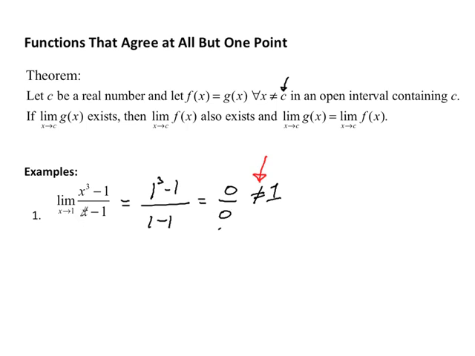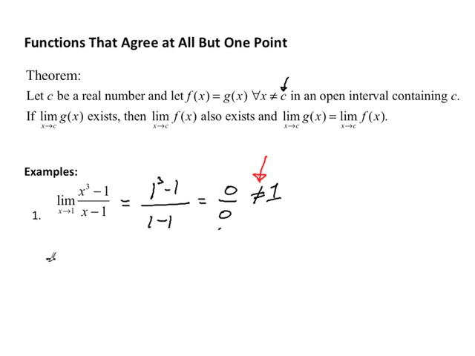So, this is an exception to being able to simply substitute in this value of c, which is 1, into the rational function and get the limit. I have to do something different. And that's where this theorem comes into play. Well, first thing I want to do is factor this out.